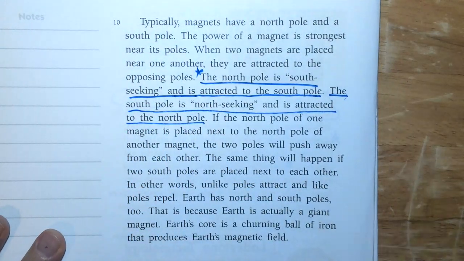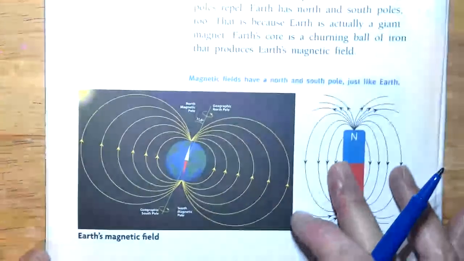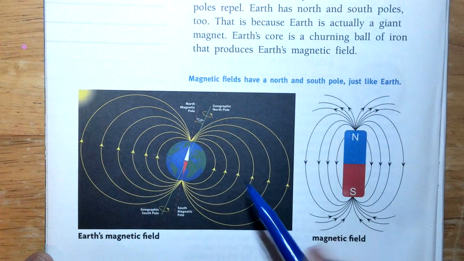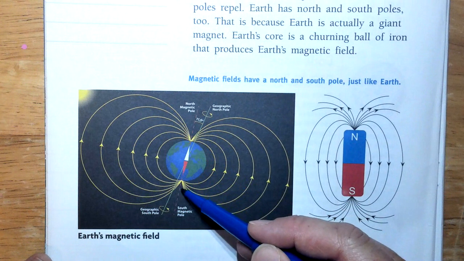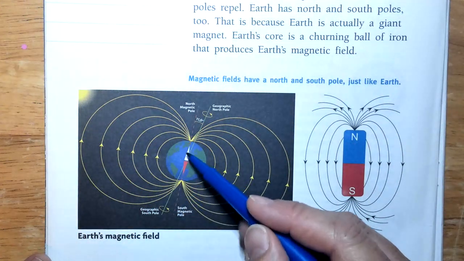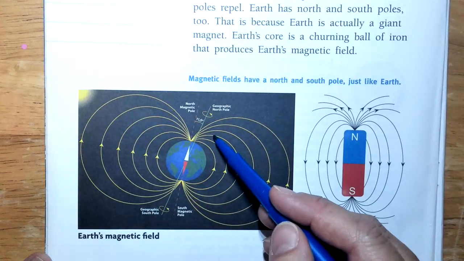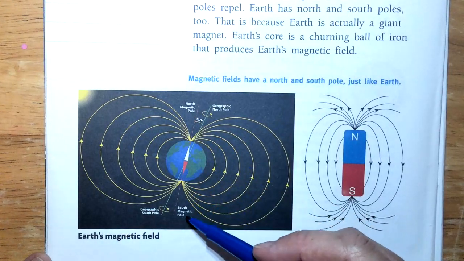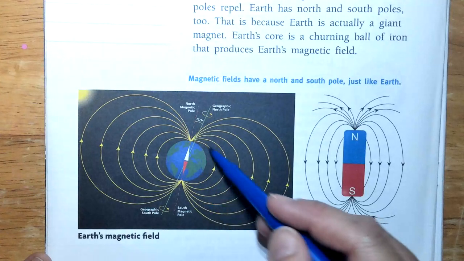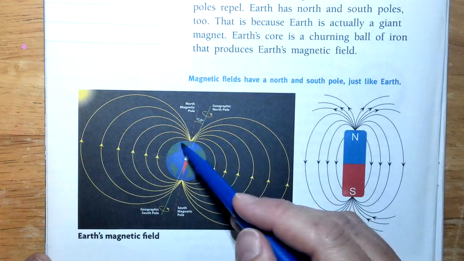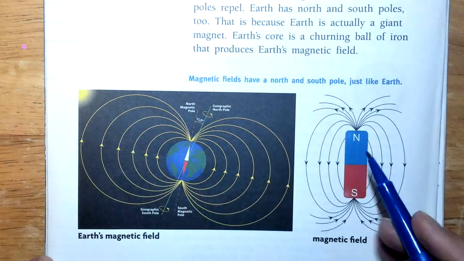So, as you think about that, look down here at this picture. We have a north pole and a south pole on our planet, and some magnets, so south magnetic pole goes up to the north, and the north goes down to the south.